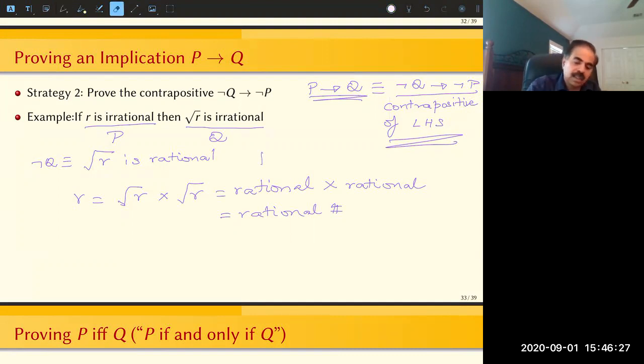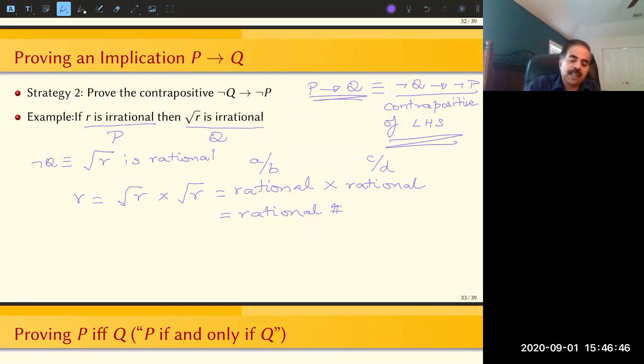Because if this is a rational number, then this can be expressed in the form A divided by B, where A and B are integers. And this is rational, therefore it can be expressed as C divided by D, where C and D are integers.